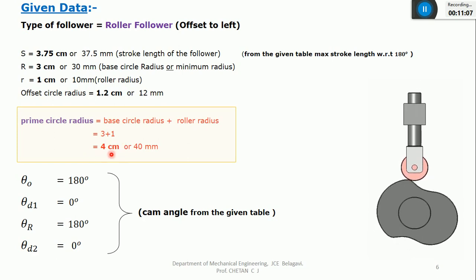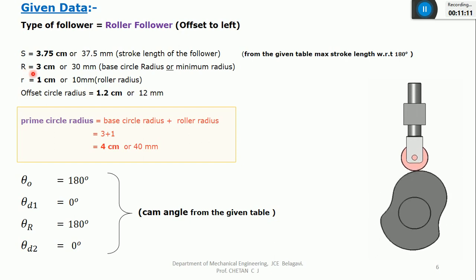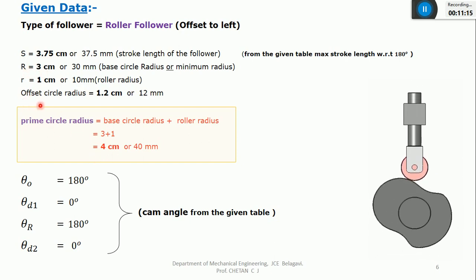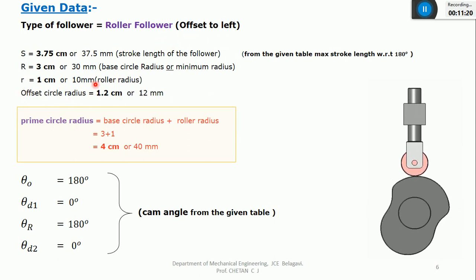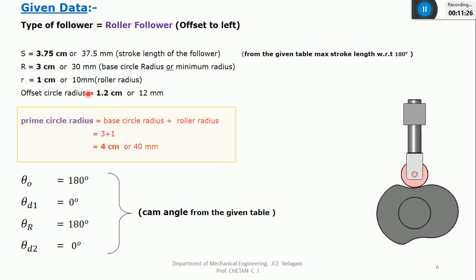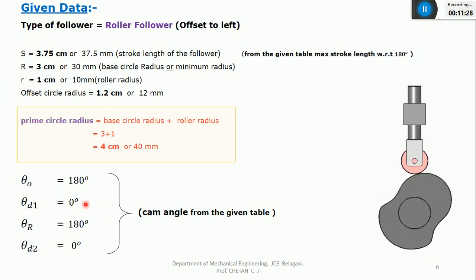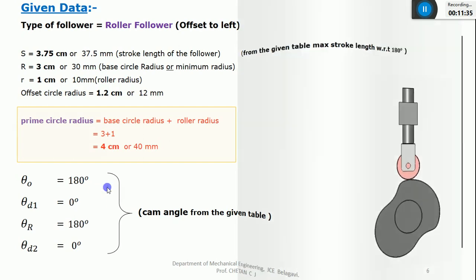Please remember all these points: the stroke is 3.75, base circle is 3 centimeter, prime circle is 4 centimeter, and you need to draw the offset circle because the follower is an offset follower. The distance is 1.2 centimeter, which is given in the problem. That's why I consider one more circle, that is the offset circle. And these are the 4 angles. So I'll write down these 4 angles from the given data.